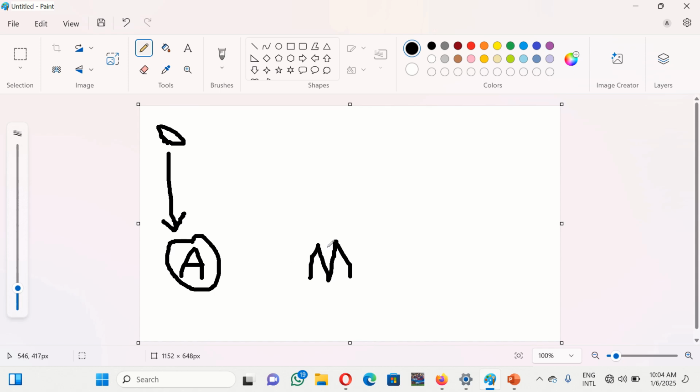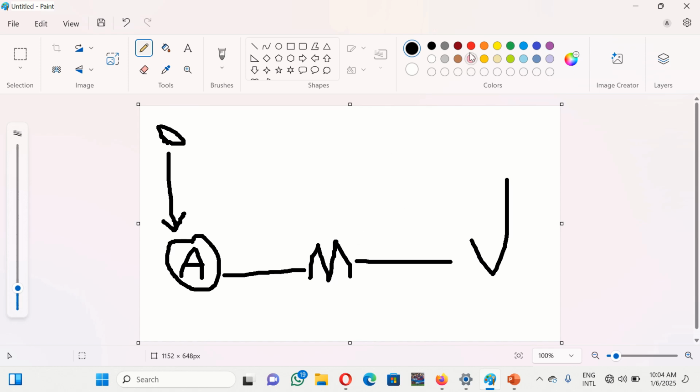Now, M is an observer. So look at the distance here. M is an observer here, and then we have V being another observer.